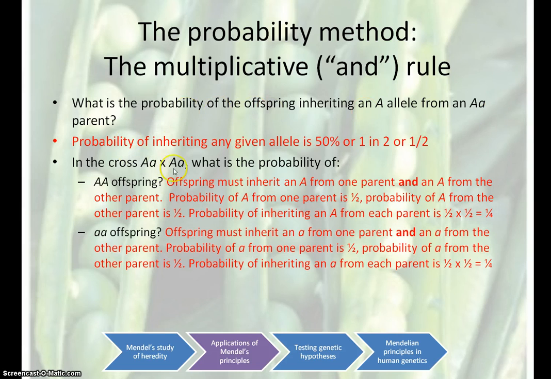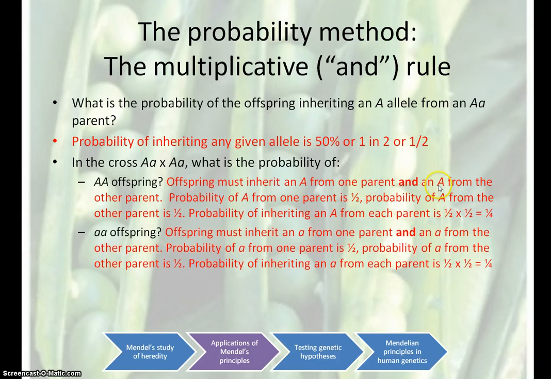If you have, however, a cross of 2 heterozygous parents, what's the probability of getting a homozygous dominant offspring? Well, keep in mind, in order to get a homozygous dominant offspring, the offspring must inherit the dominant allele from one parent and the dominant allele from the other parent. Again, here's our AND rule. The probability of getting the dominant allele from one parent is 1 out of 2.